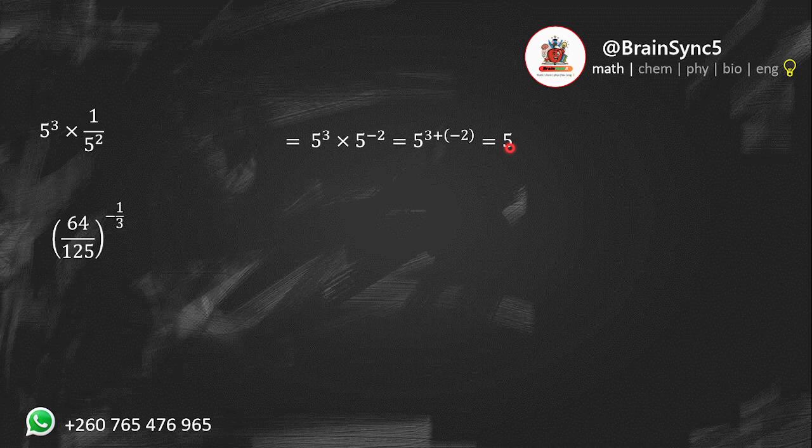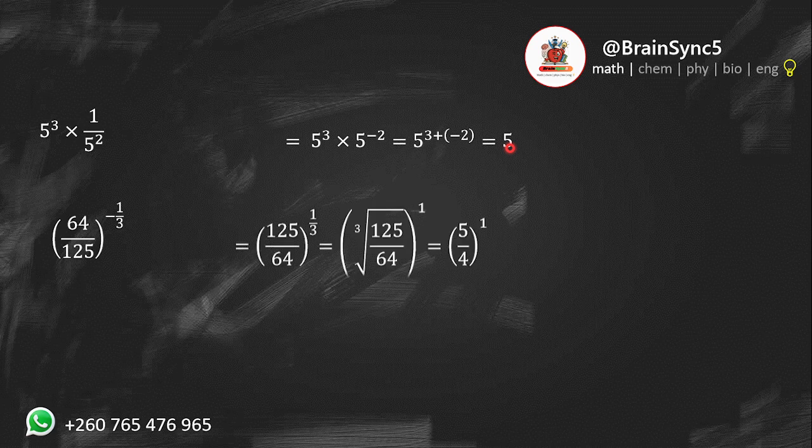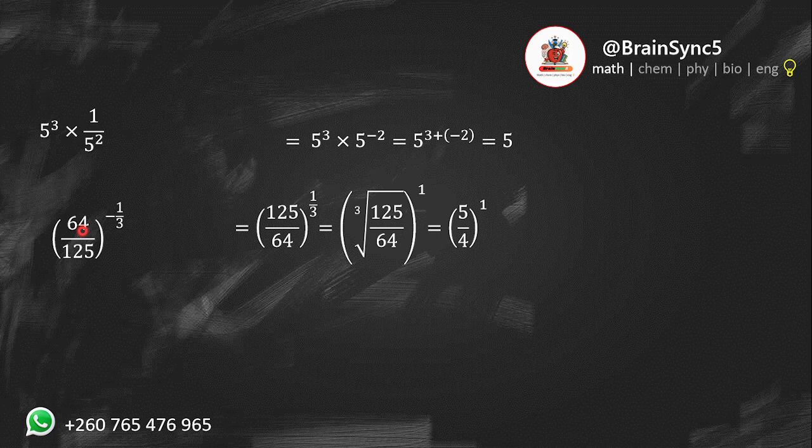So the next one, it is this one. You have 64 over 125 to the power negative 1 over 3. Remember when I said that if you want to remove the negative, just flip them. So 125 over 64 to the power 1 over 3. We resolve, and now we come back to the fractional power.